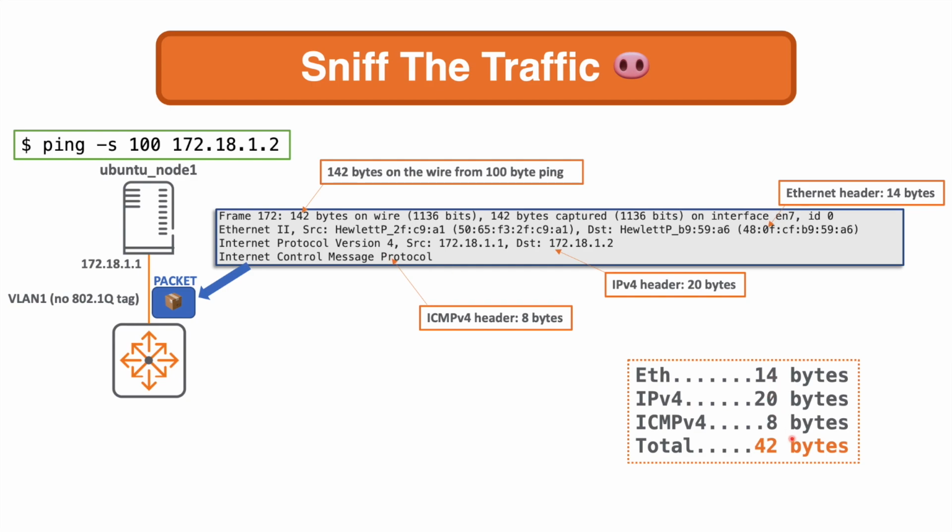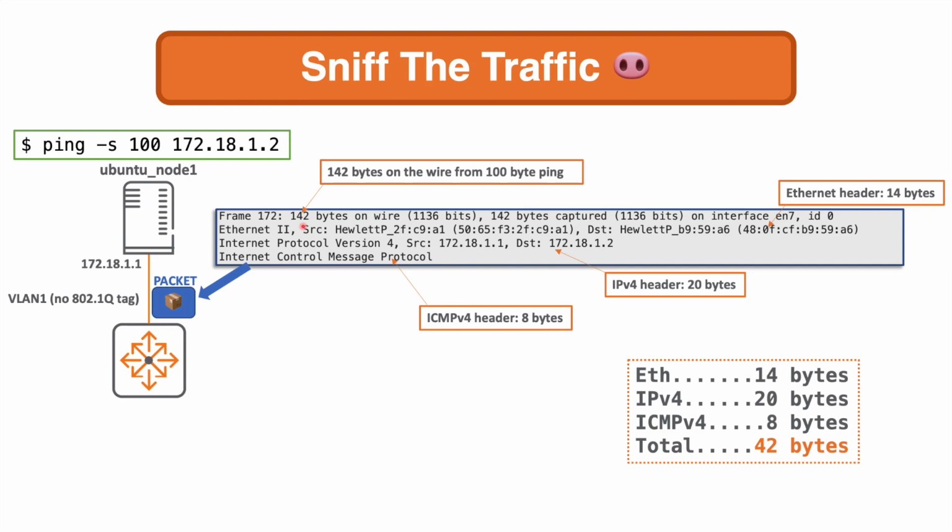So I've added those up: Ethernet 14, IPv4 is 20, ICMPv4 is 8. That creates a total of 42 bytes of header. We add that to the 100 bytes and we get 142 bytes on the wire. Okay, so that's standard switch traffic with no 802.1q tag.